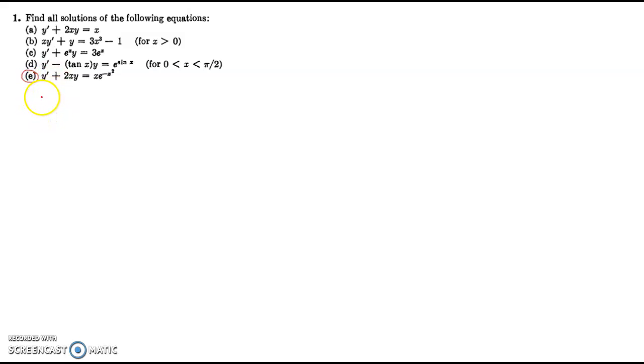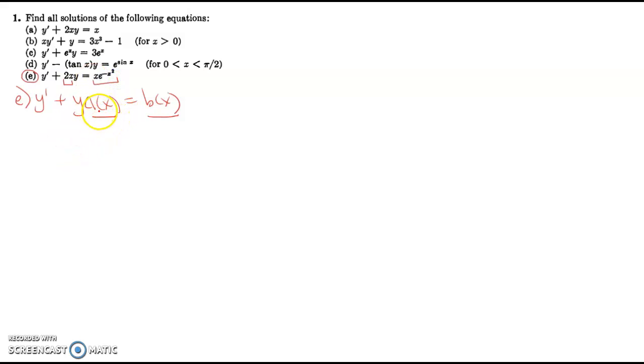If you remember, our textbook uses the format of y prime plus y times a of x equals b of x. Just to identify what a of x and b of x are, for our case E, a of x would be 2x, and b of x will be this whole thing.